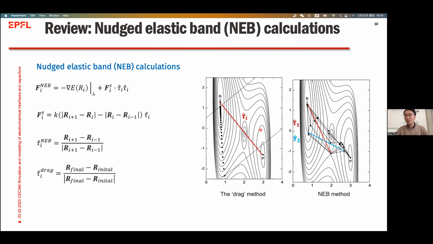After the solid-liquid interface, we want to focus on barrier calculations. NEB is one of the most famous barrier calculation methods. For normal NEB calculations, different from the traditional drag method, people can set different chemical reaction directions and find a barrier.